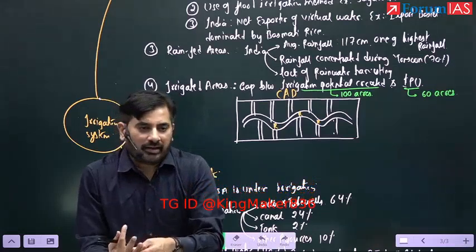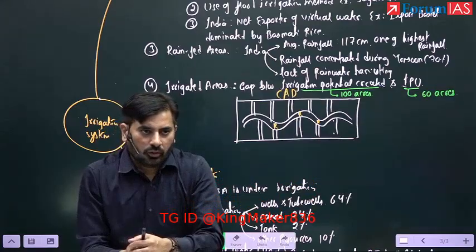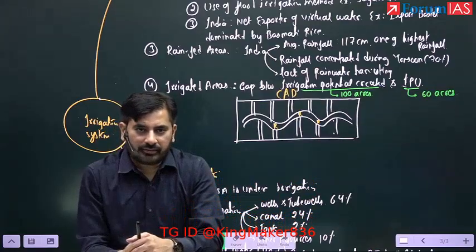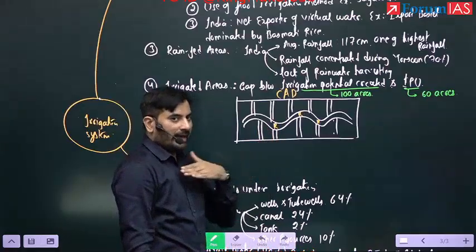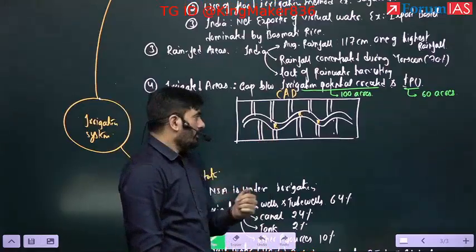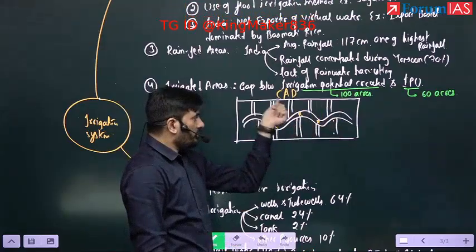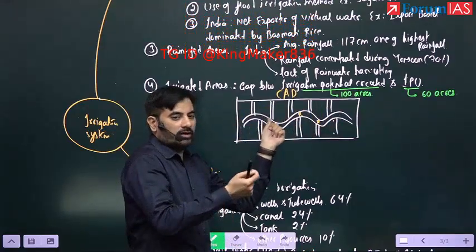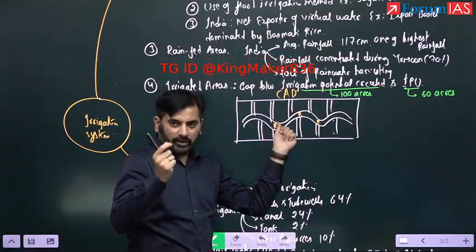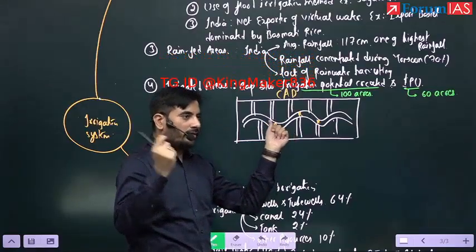Low water tariffs. When I say low water tariff, ideally every farmer who is using this particular infrastructure must pay for the water, just like how you pay a water bill when you purchase water from MCD.